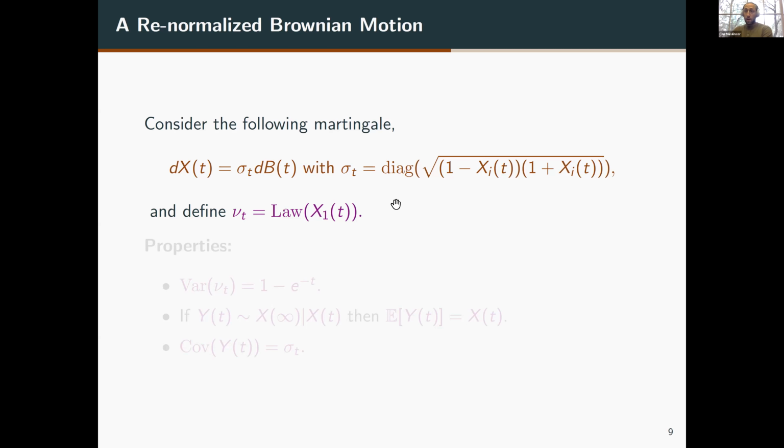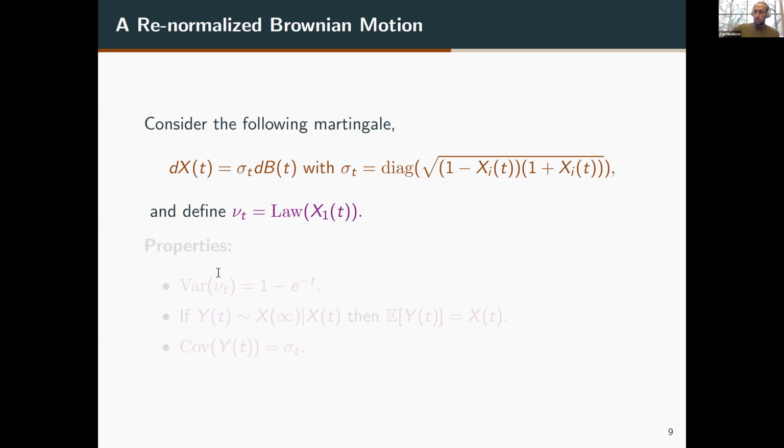Sigma t is a diagonal matrix, which basically means that x t will have independent coordinates. And what we multiply each coordinate by is the following quantity: the square root of 1 minus x t times x plus 1 plus x t. And according to our goal, we can define nu t as the law of x t, or at least the first coordinate of x t, then it's a product measure.